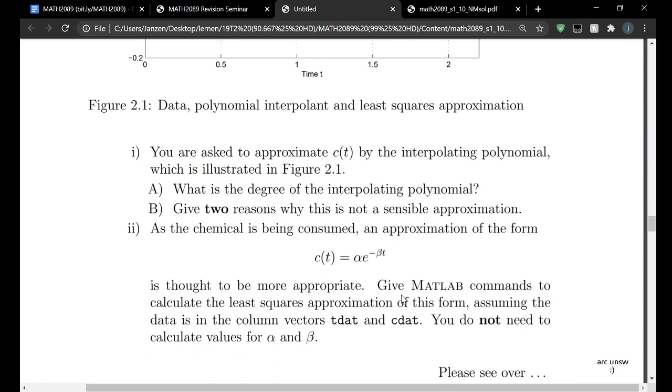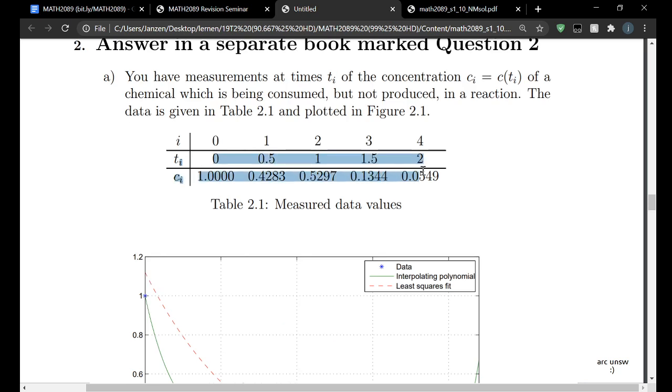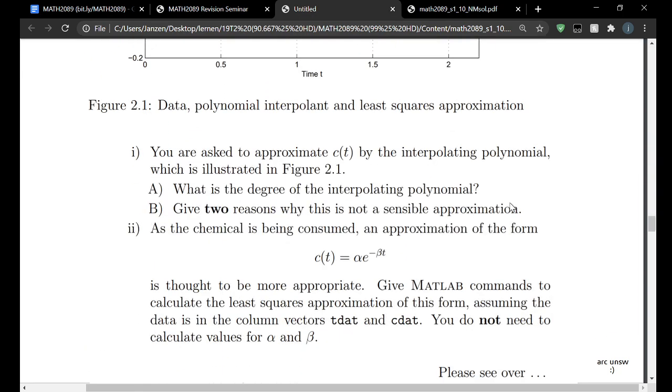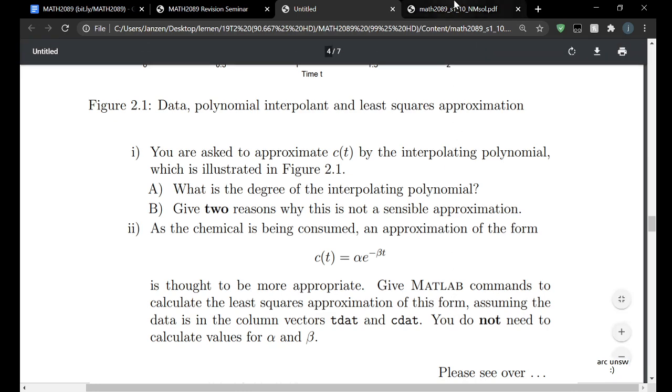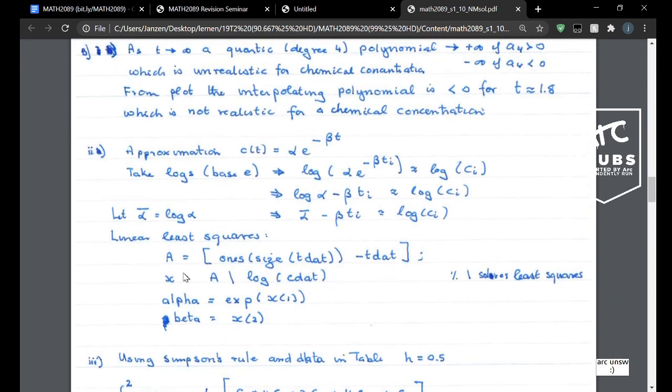Give MATLAB commands, assuming that the data is in column vectors. They stored these values in column vectors tdat and cdat, and you use these column vectors to set up a linear system to solve, as shown here.